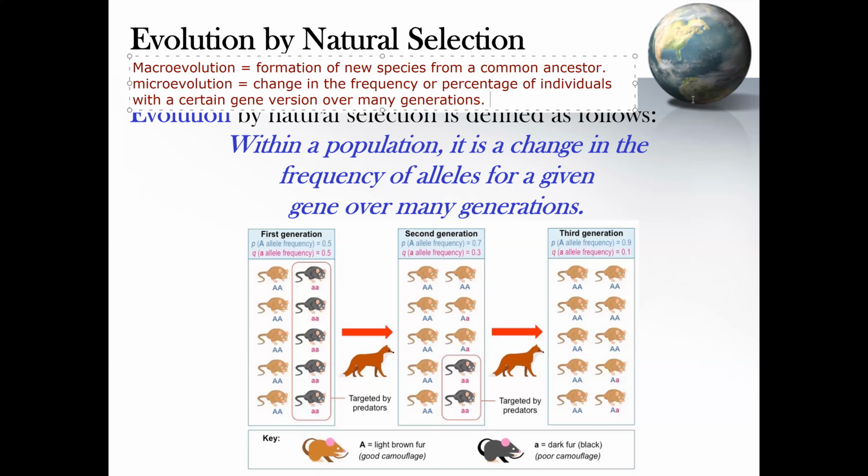And I'm going to explain what this means. So microevolution is the change in the frequency or percentage of individuals that have a certain gene version, and this change occurs over many generations.